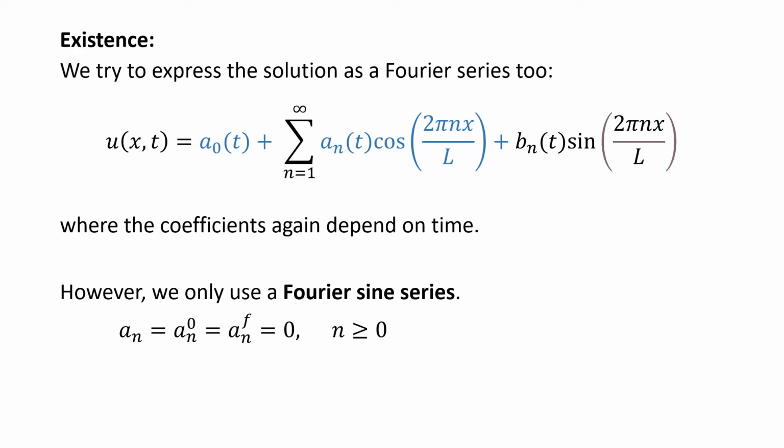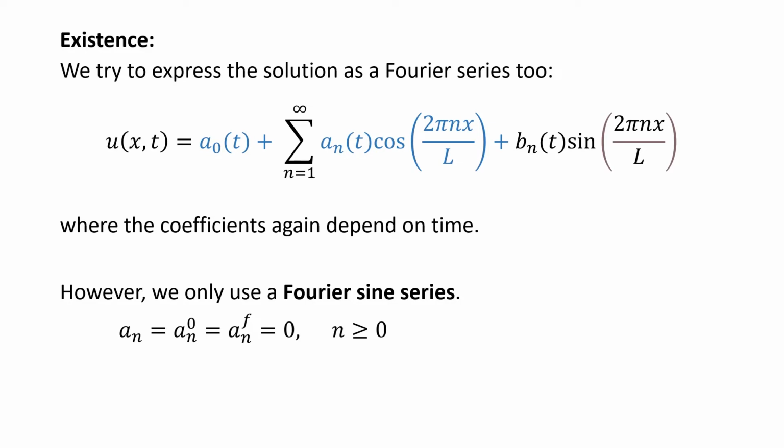Now, with all that said and done, there's one big reveal, namely the Fourier series that we will use for the source term f, the initial data, and also the solution itself will not be a generic Fourier series, but more specifically, we will use a Fourier sine series.